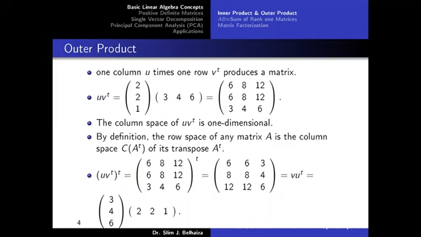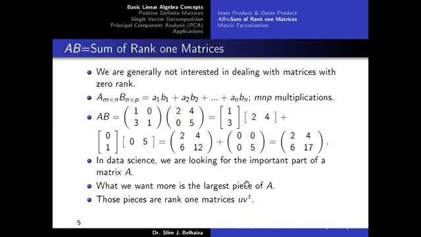Okay, so you can see that now we've seen the product of two matrices as an inner or outer product. So the main idea of what we talk about today is to see a matrix AB as a sum of rank 1 matrices. Of course, in data science or principal component analysis in particular, we're not generally interested in dealing with matrices of rank 0.